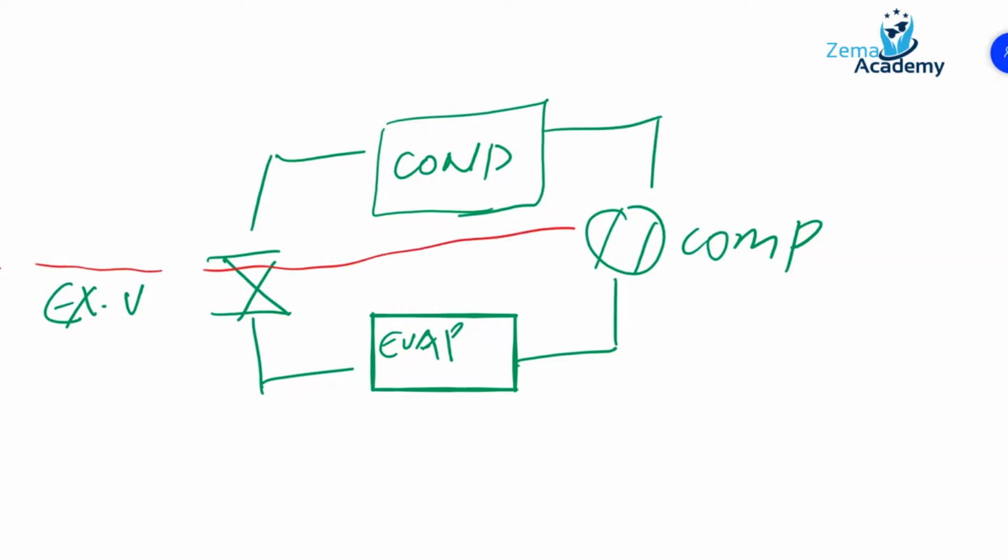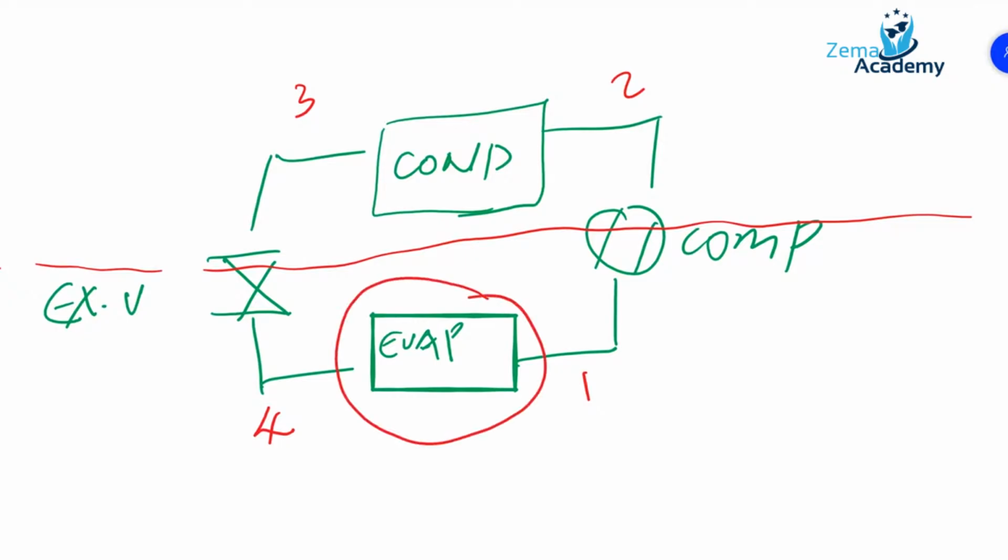If I divide the system in half like this, I'll number the points 1, 2, 3, and 4, so we'll know the different points across the circuit. I will start with the primary function of an evaporator.